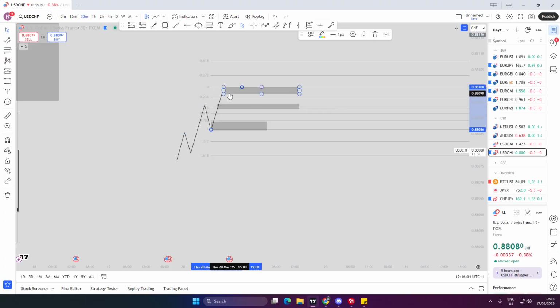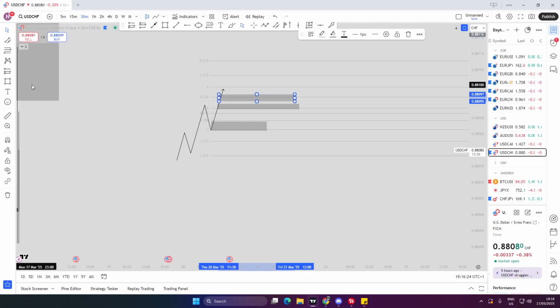So if the zone is around here, it's fine. If it's around here, it's not fine. If it's underneath the 0.5, like in between the 0.618 and 0.786, those are considered the best. But you don't want the outer zone because most of the times, as you saw, they get swept. So that's why we don't use them.